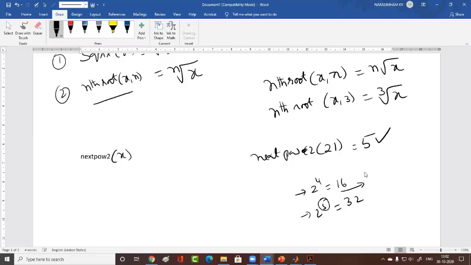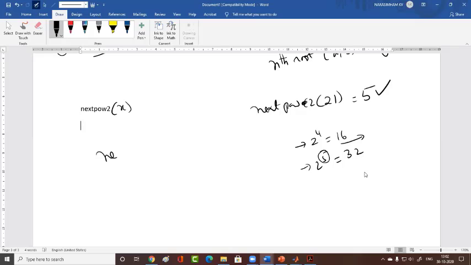Suppose you want to find nextpow2 of 37. What is the answer? Anyone? 7, sir. 2 power 6 is 64, so our number 37 lies between 32 and 64.